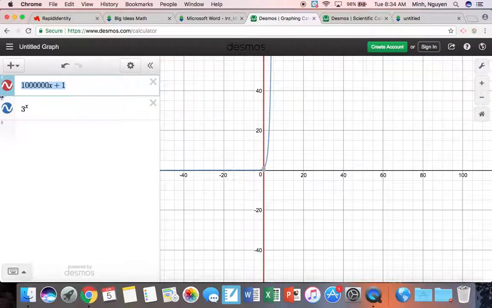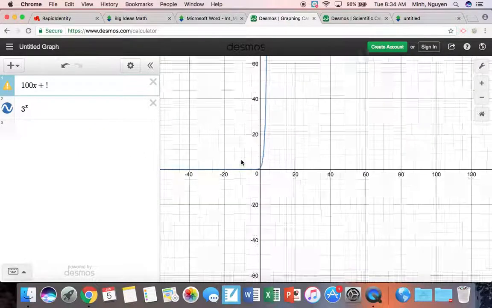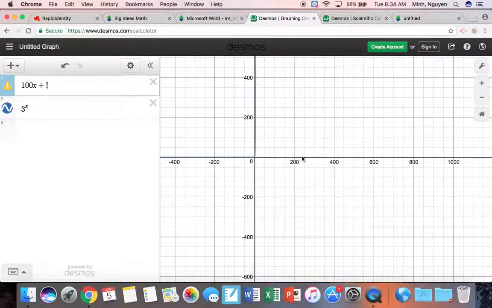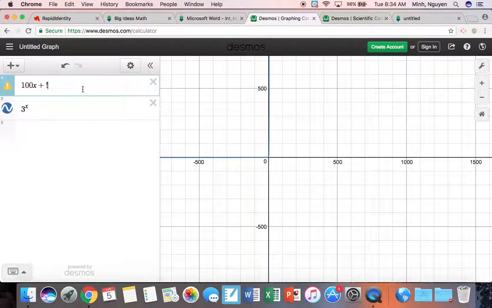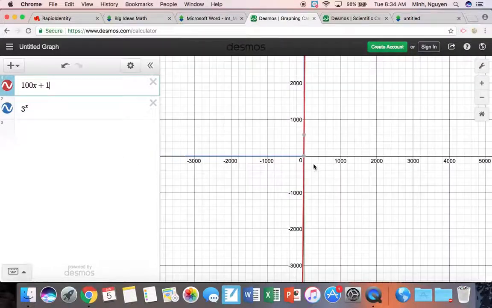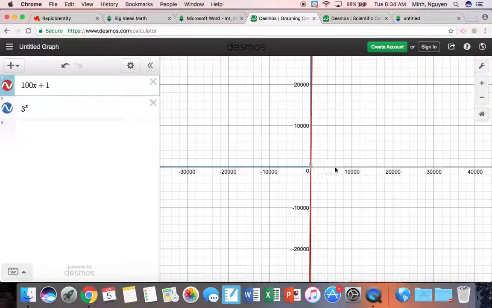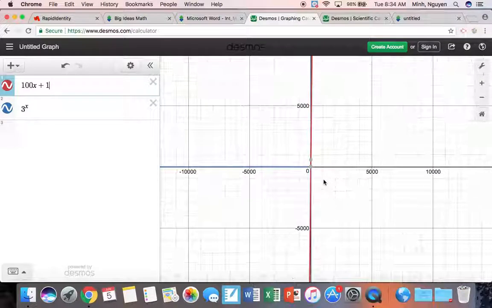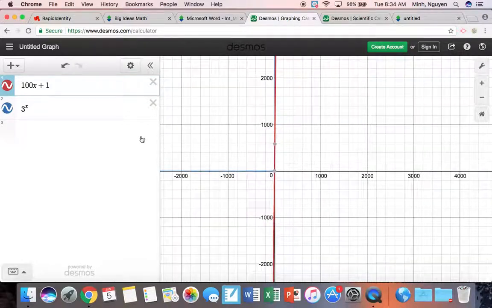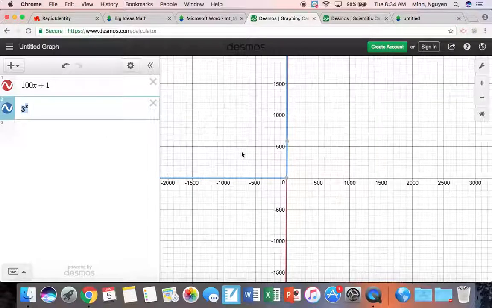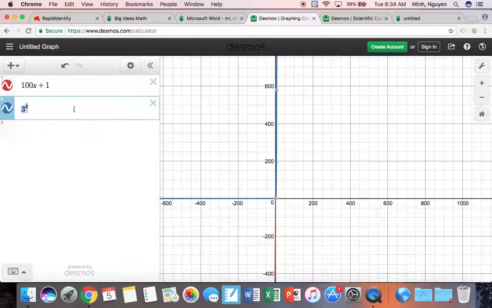In fact, I'll have to change that to 100x plus 1. Versus, let's see, at which point does it look linear? 100, yeah, okay, 50x, okay, 40x.